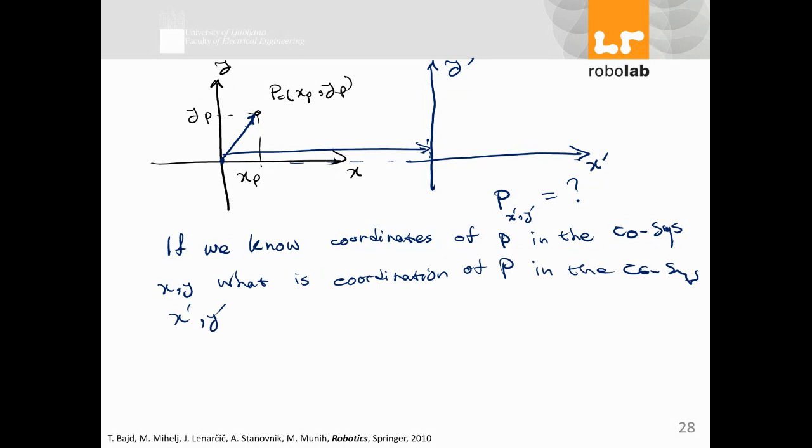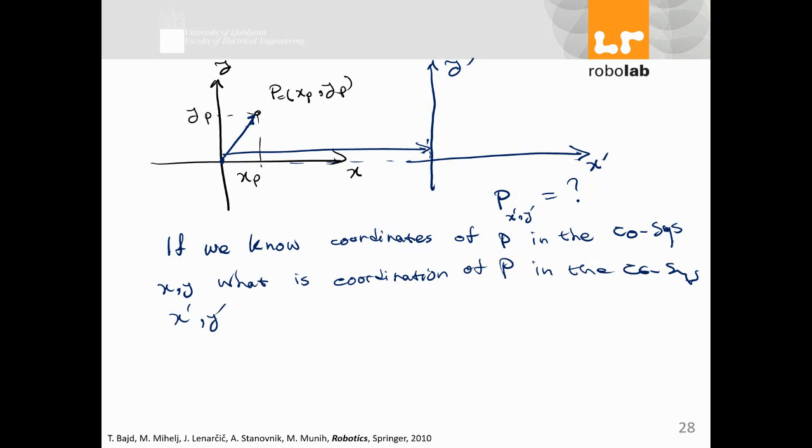This is an essential thing in robotics, right? In robotics, we know where our base robot is, and we know how much our end effector has moved in the direction of X or Y or Z. Now I want to know what would be the coordinates of the point in the tool coordinate system if I know the coordinates of that point in my base system.